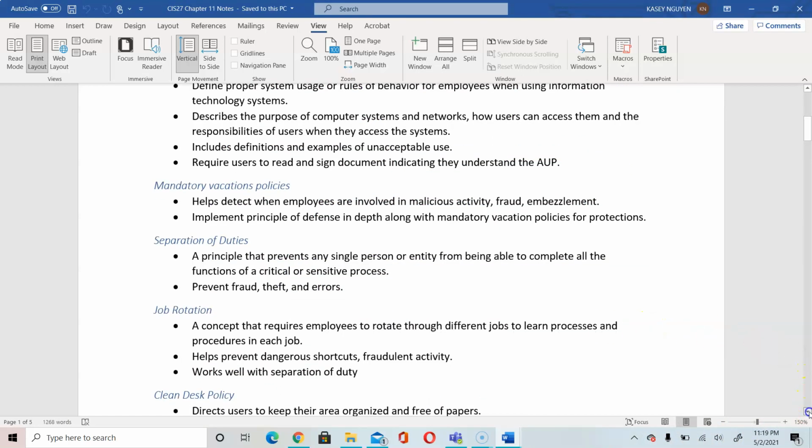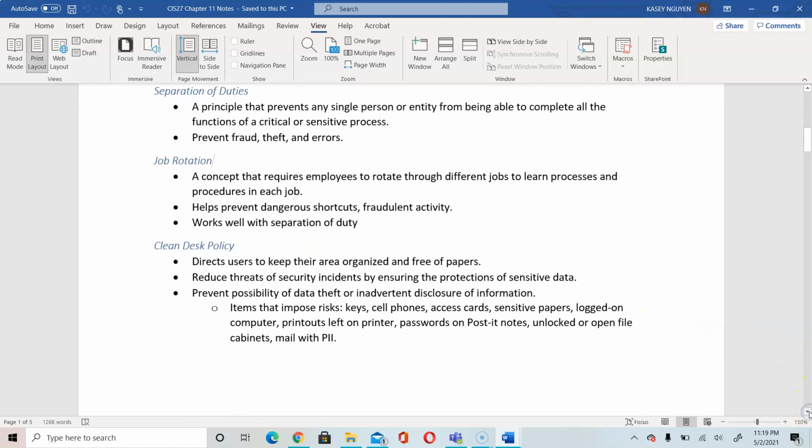So, clean desk policy, you can find that on page 1 of our notes on the bottom. Clean desk policy directs the user to keep the area organized and free of papers. Ask if they leave account information, credit card numbers, private information on papers on their desk, there is a possibility that someone can take those documents and extract them from the company.